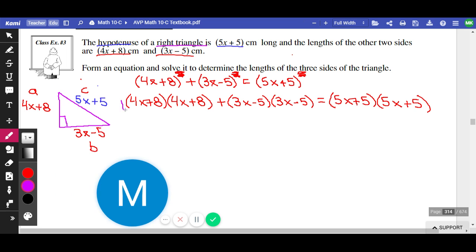If you multiply these two guys together and you do it properly, you should get 16x squared, plus 64x, and then plus 64. So I use distribution, and then I combine like terms.